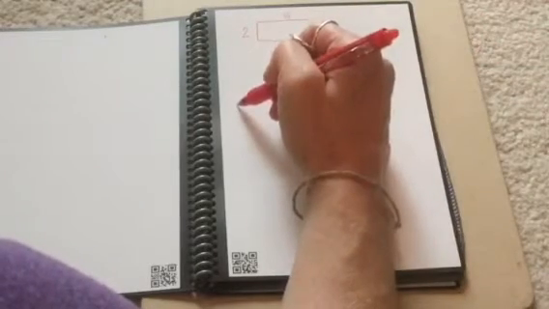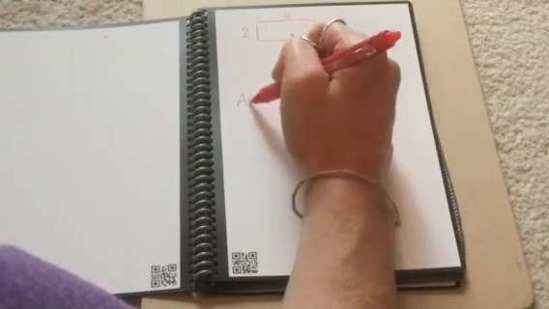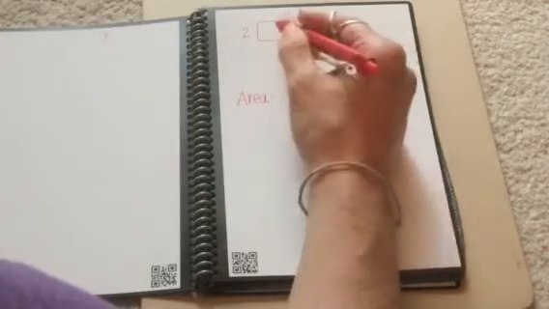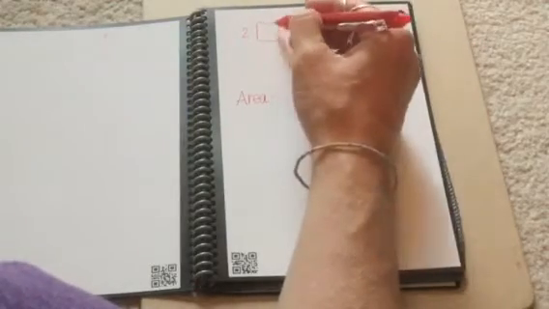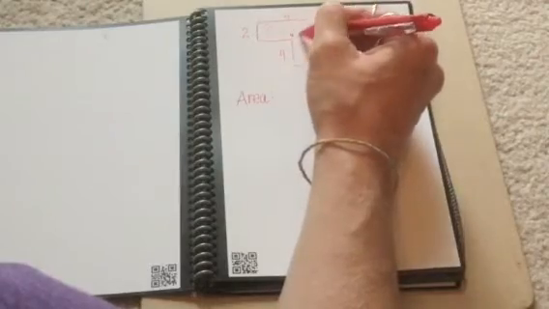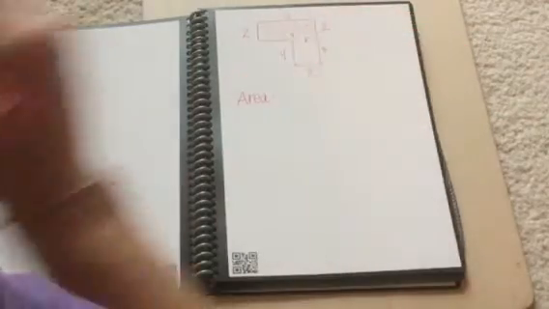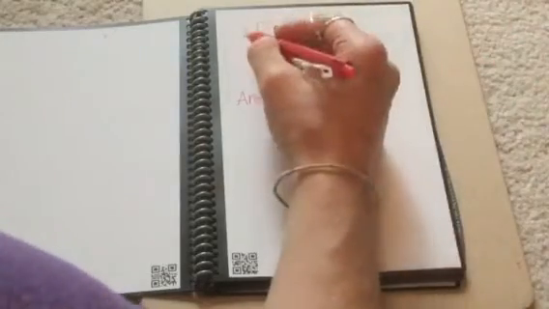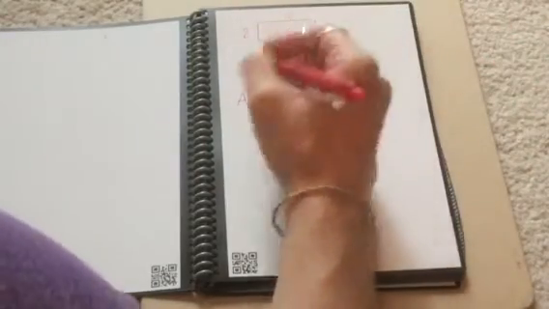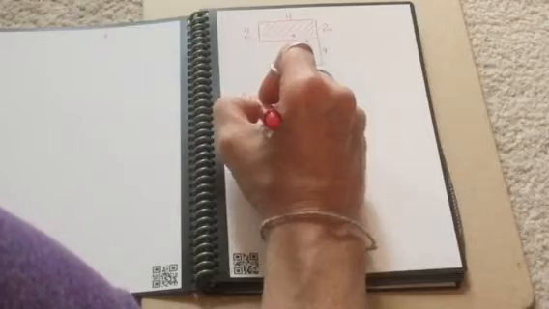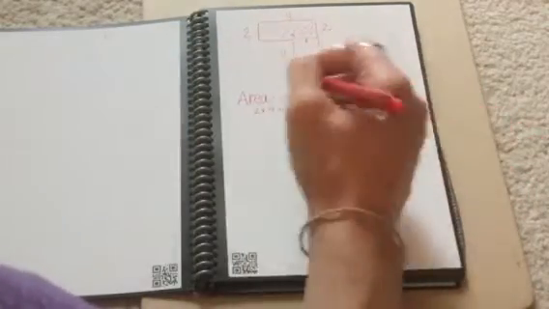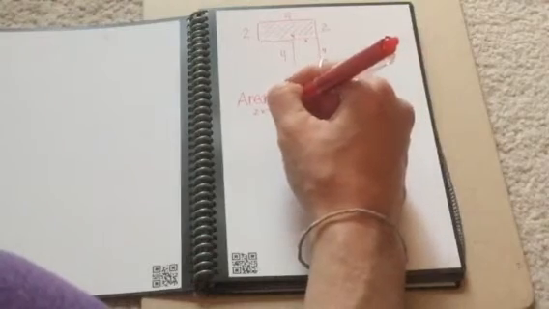I'm going to write down area. And we know that area equals all the space inside, length times width. So I'm going to look up here at my shaded rectangle first, and I see length times width is 2 times 4. And I already did that one on the last one. I know 2 times 4 is 8.